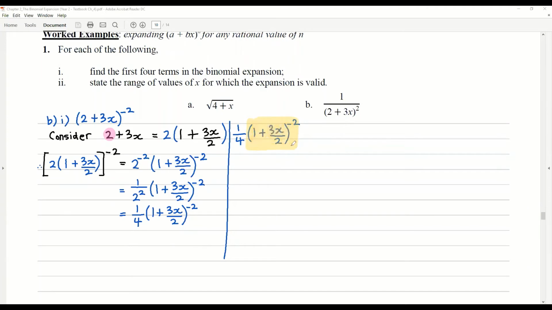Okay, so let's write down what our b and our n are going to be. So n is, of course, negative 2 this time, which might be a little bit easier to work with. And b is the fraction 3x over 2. Great. So let's do it.